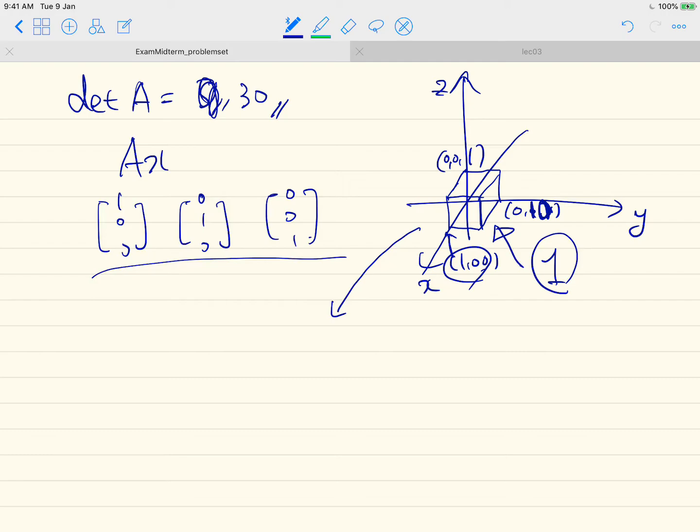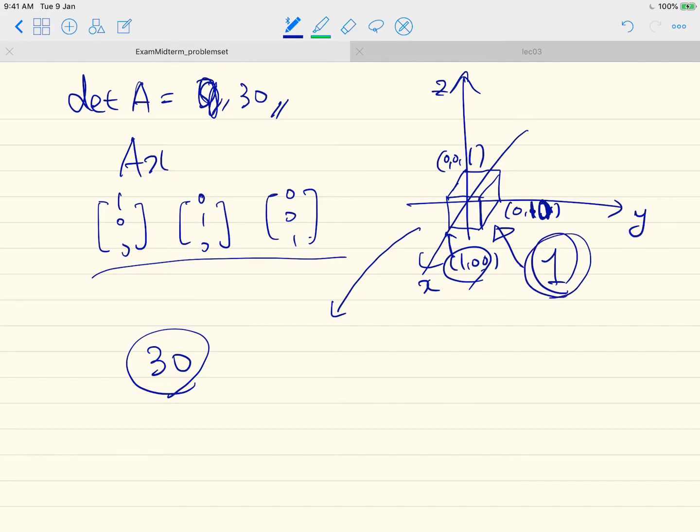And then we can imagine some volumetric version of the parallelogram, right? You can imagine that. And then we can think of the volume of this volumetric parallelogram. What is the actual volume of that three-dimensional parallelogram? So that volume is 30, right?